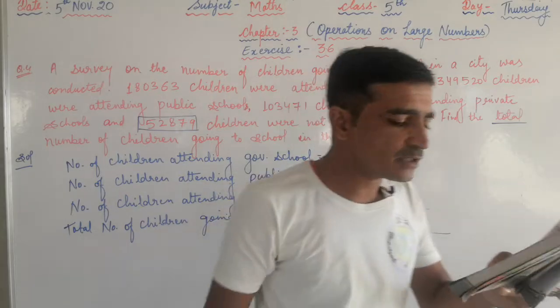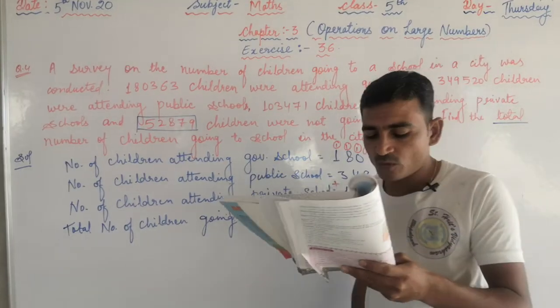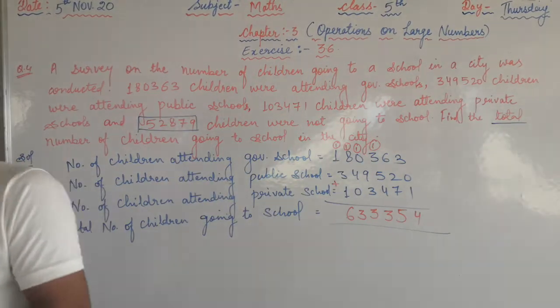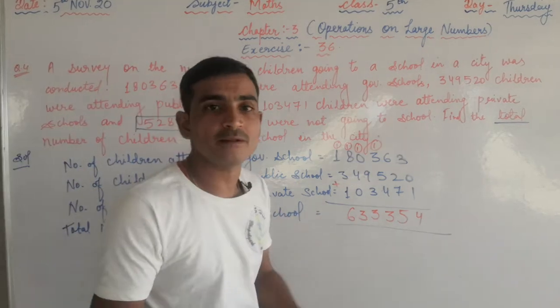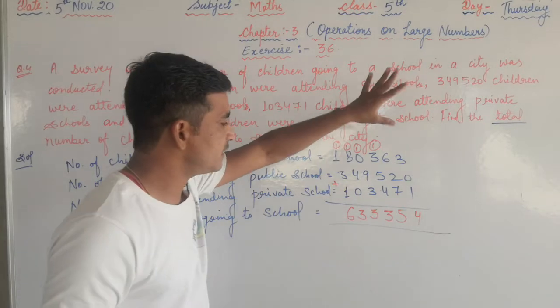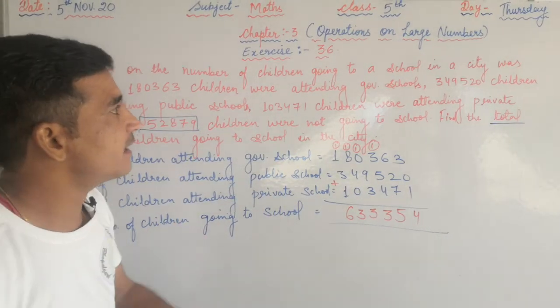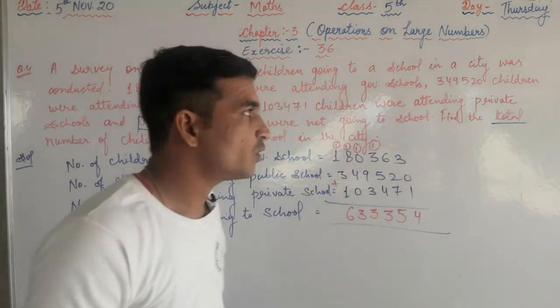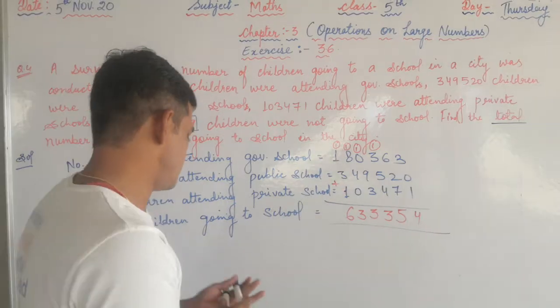See the remaining part of this question. A similar data was found for a nearby city also. Calculate the total number of children going to school in two cities. Two cities means we just have to double. Same number of children going to school in another city also. So you have to find the total number of students in both the cities.